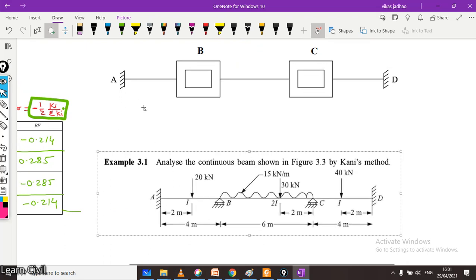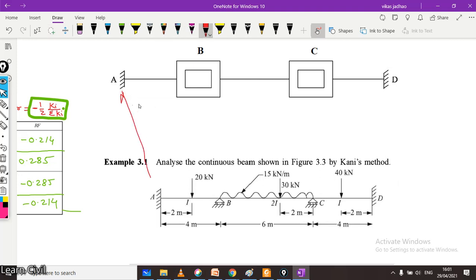So joint A will be here, this is your joint A, this is your joint B, this is your joint C, and this is your joint D. Like this we will be preparing the iteration table.